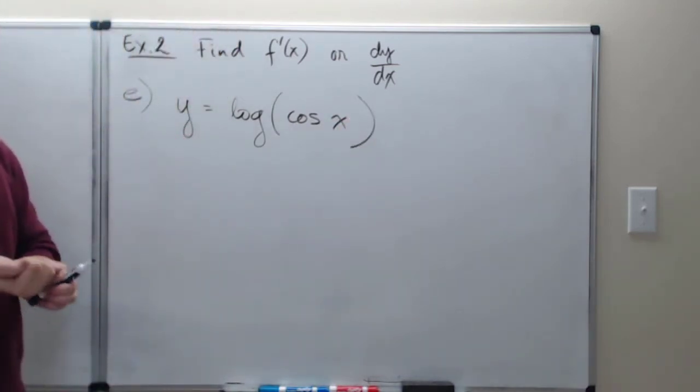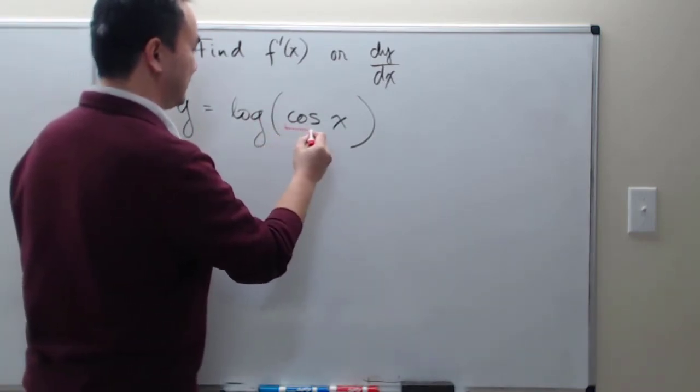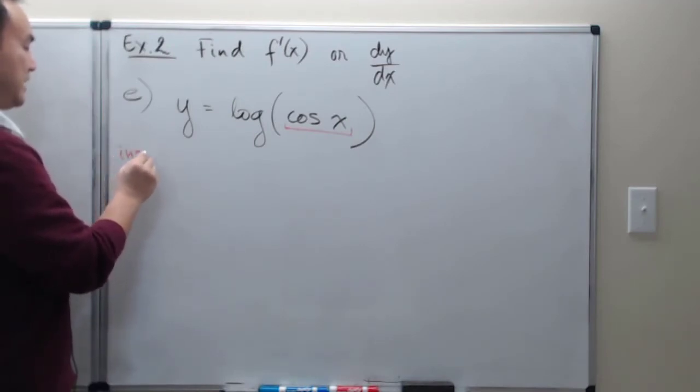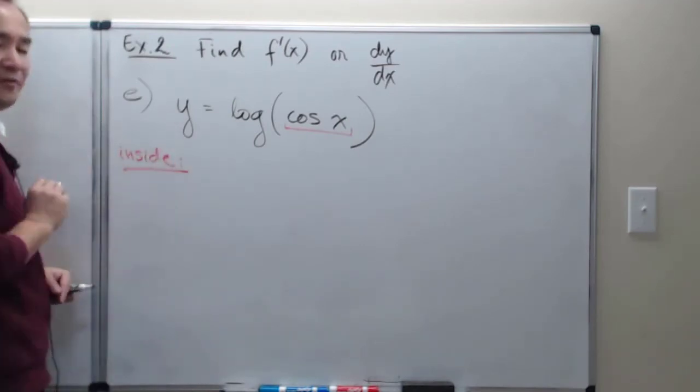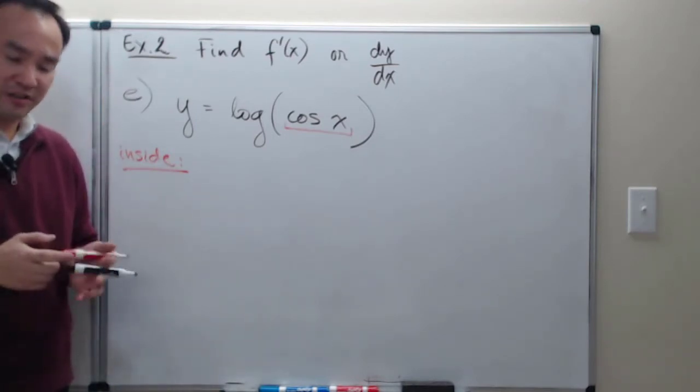And so now what I see here, I highly recommend this cosine of x right here is to be regarded as the inside, even though you can find your own other way to find an inside expression.